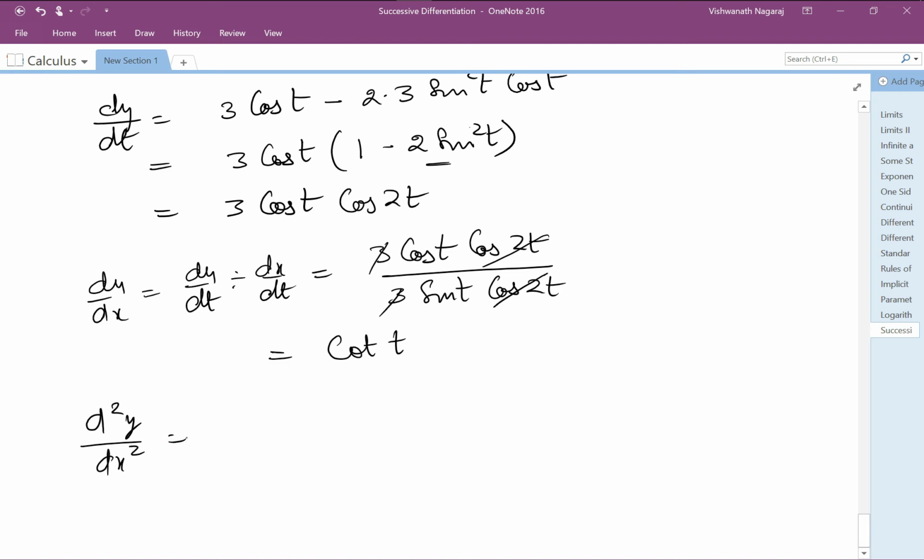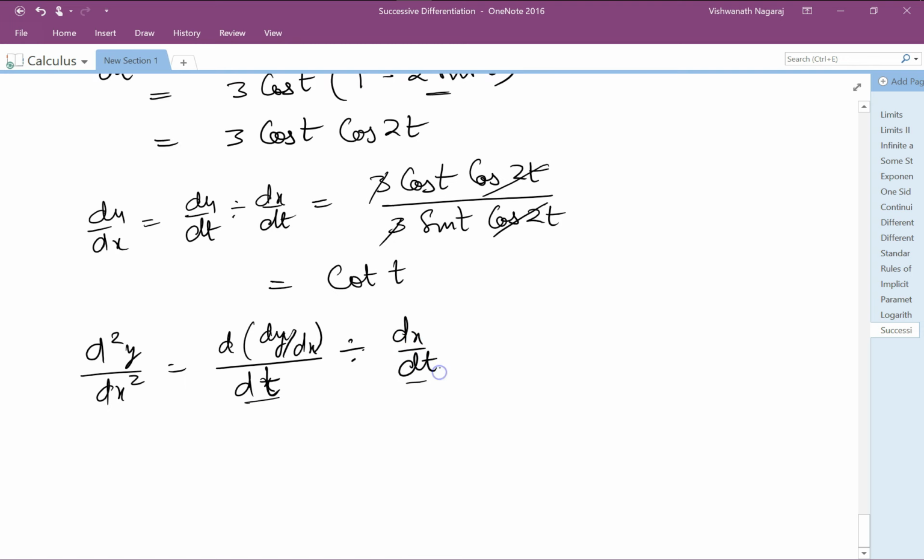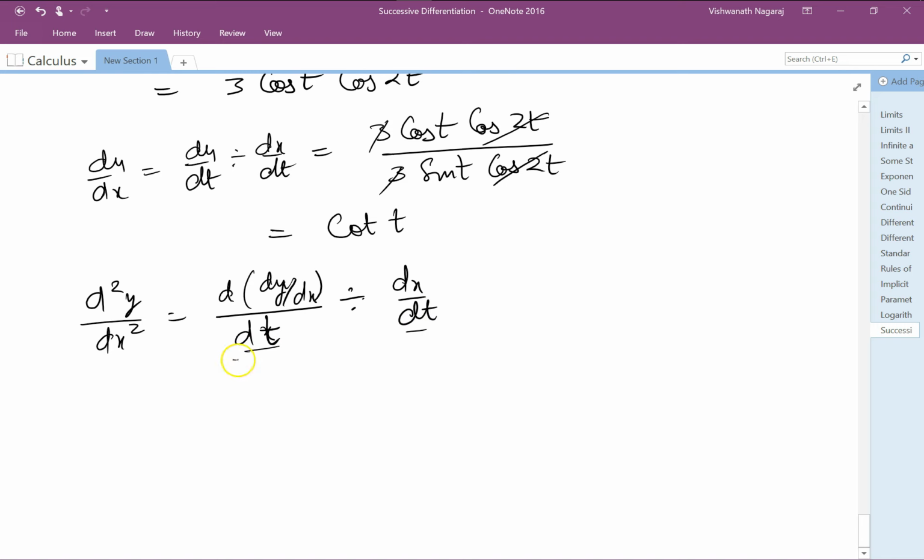To get the second derivative, we have to find the derivative of dy by dx with respect to t, and then divide this by dx by dt, so that this dt gets cancelled. Okay, so let's do the first one. This is cot t. Cot t is straightforward, no complicated.